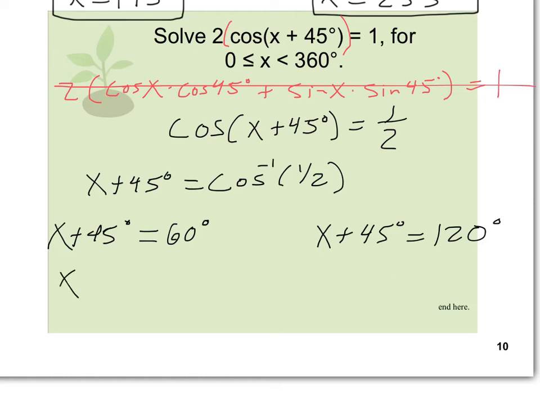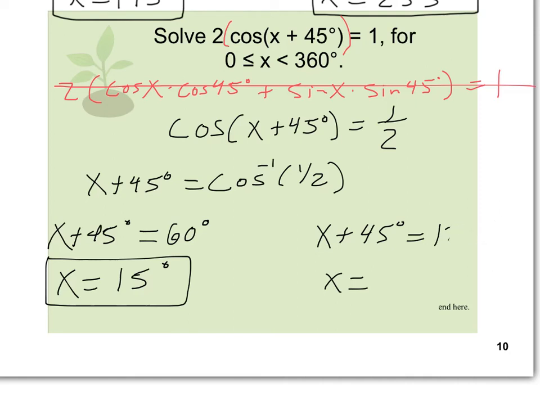This leaves us with a couple rather simple equations to solve. Whoops, hold up here. I better double check my unit circle, shouldn't I? There's a 120. 300. I wasn't looking right at all.